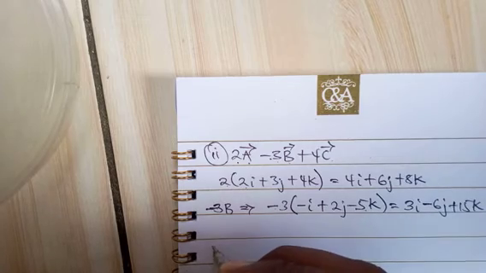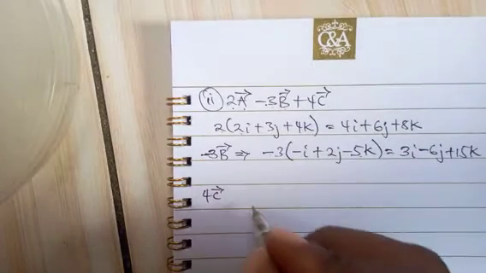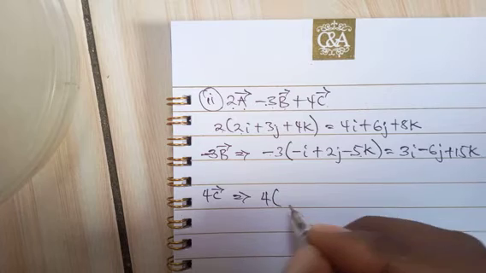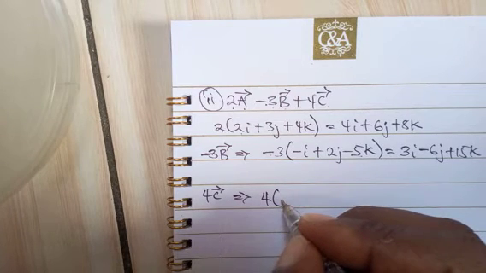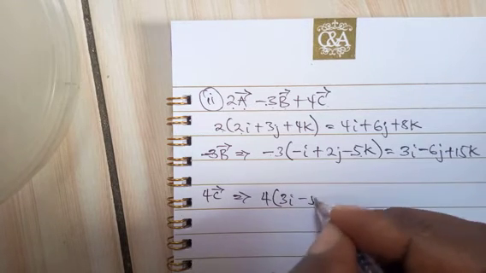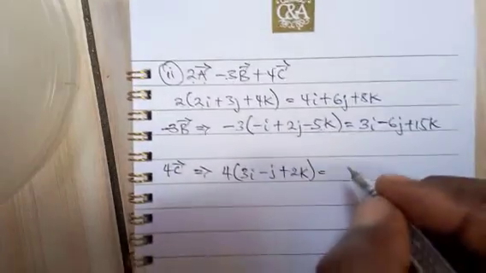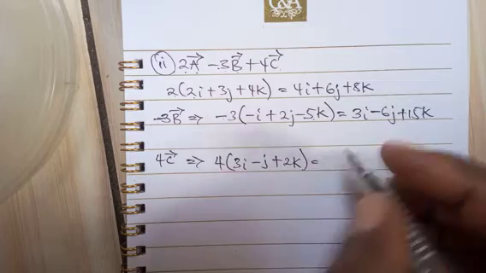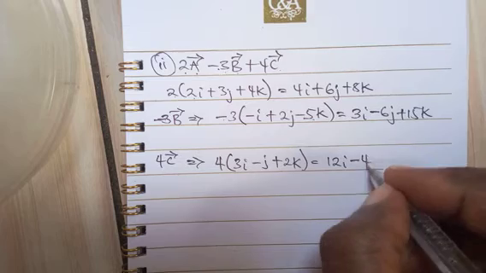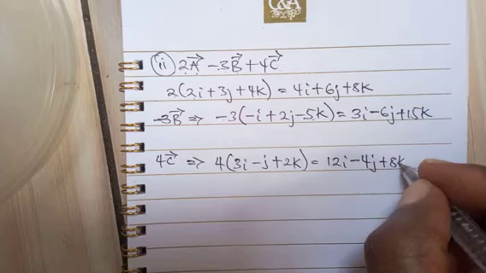For vector C, we have 4 times C. Our vector C is 3i minus 1j plus 2k. So 4 times 3 is 12i. 4 times minus 1 is going to give you minus 4j. 4 times 2 is going to give you plus 8k.